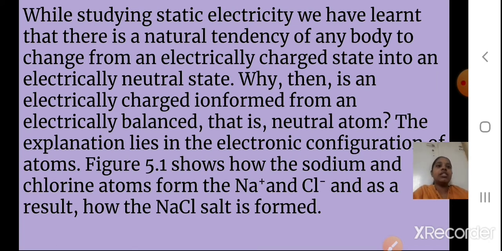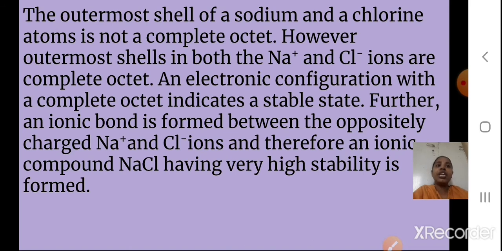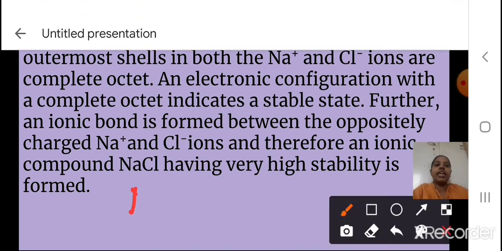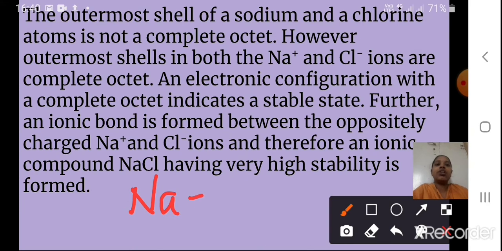Okay, now see here. The outermost shell of the sodium and chlorine atoms is not a complete octet. Yes, students, you know in sodium, Na, how is the electronic configuration, you remember? Yes, for sodium it is 2, 8, 1. Okay, this is my 2. So is this last shell octet complete?